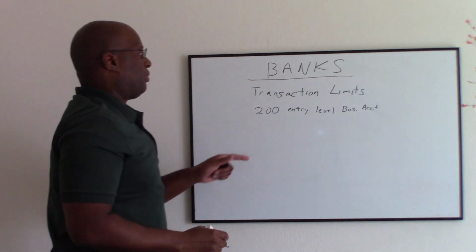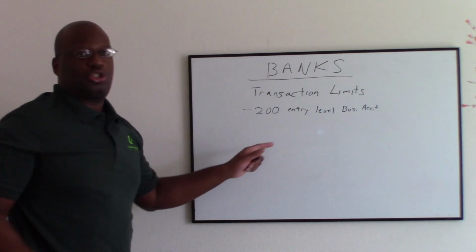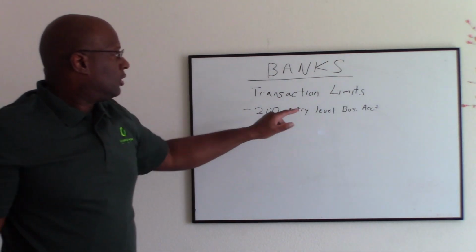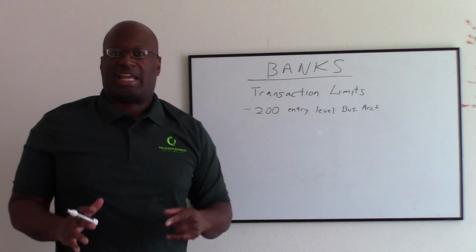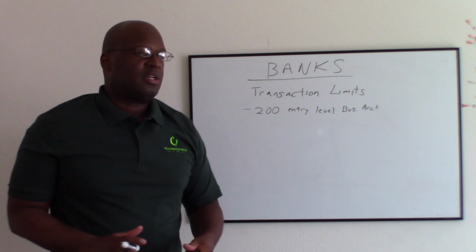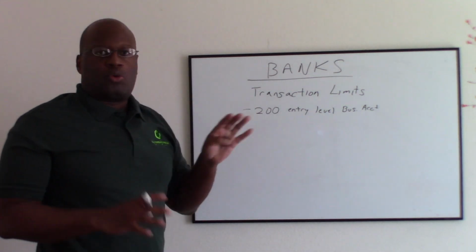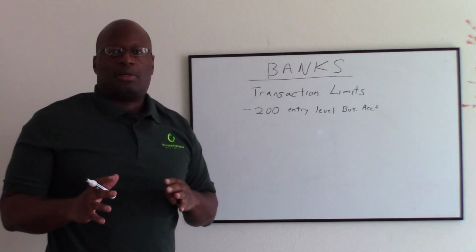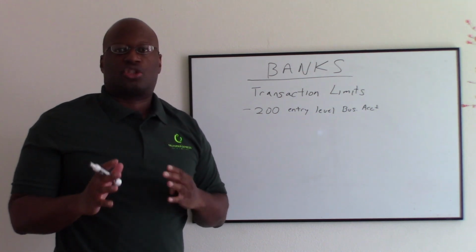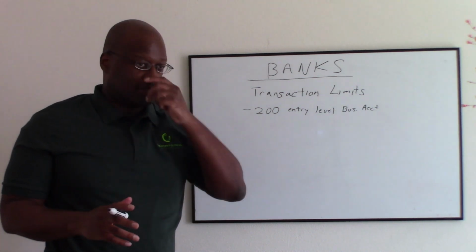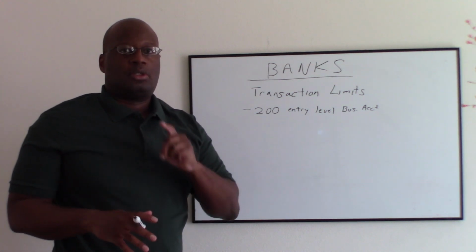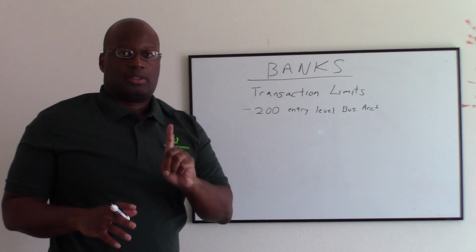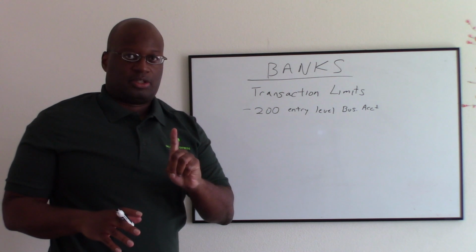So your entry-level business account would have approximately 200 transactions per day that you can process, okay? Now, the way that the ATM transactions work with our business, with the ATM business, is our transactions are only going to come one time a day, okay?